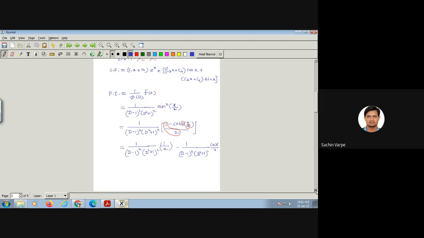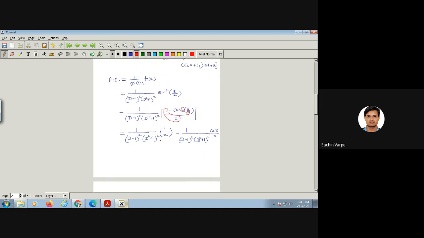ठीक है? Now what is the rule for constant term? We have a shortcut for constant. What we do? We replace D by 0. If you remember, we have discussed the case in the exponential function sub case. If the function is constant, we replace D by 0 there.